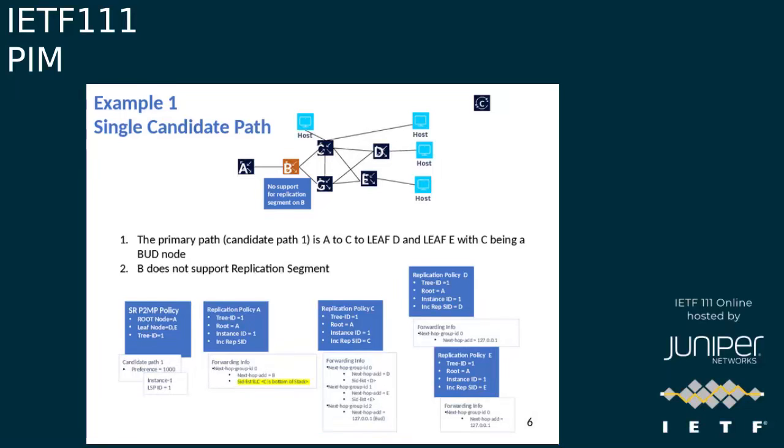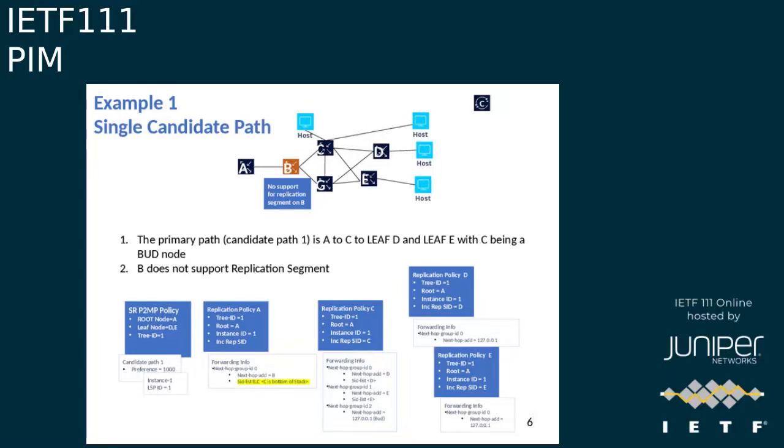Under the candidate path, there are usually two path instances. The path instance is the tree itself. It's the point-to-multipoint LSP itself, where the forwarding instructions, AKA replication segments, are associated.